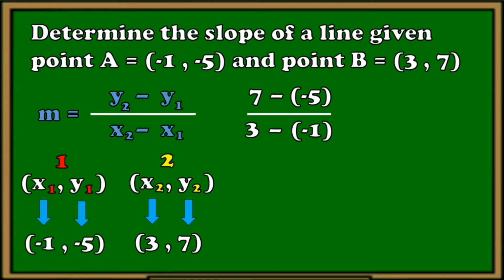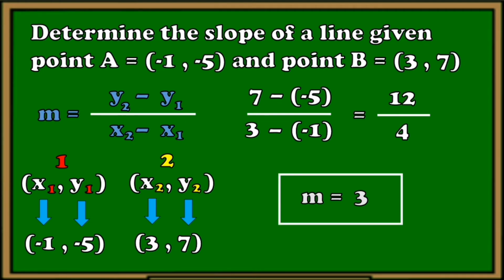Now, let's simplify. 7 minus -5 is 12. And 3 minus -1 is 4. And the simplified form of 12 over 4 is 3. Our slope is 3.